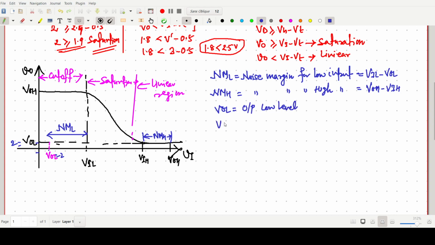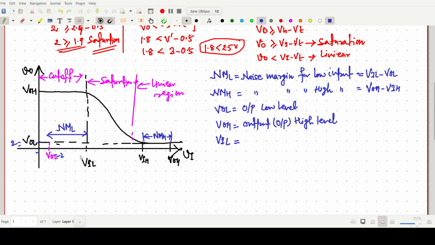VOH is better to write as the output high level. And the two parameters VIL and VIH are very important.